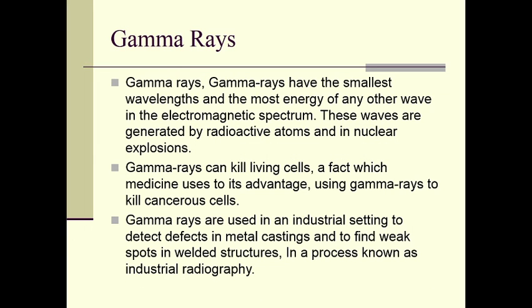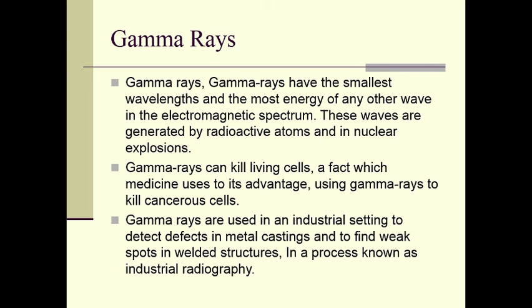Let us now move to the next radiation, that is gamma radiation or gamma rays. Gamma rays have the smallest wavelengths and the most energy of any other wave in the electromagnetic spectrum. These waves are generated by radioactive atoms and in nuclear explosions. Gamma rays can kill living cells, a fact which medicine uses to its advantage, using gamma rays to kill cancerous cells.